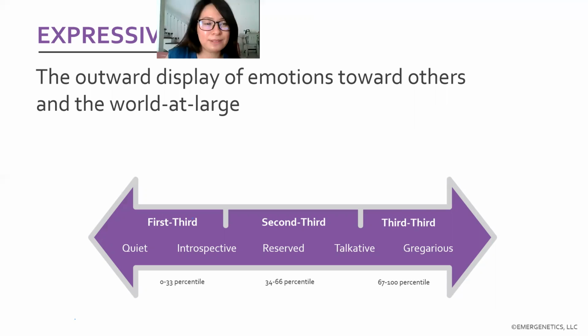Then how about the second third? The second third is standing in the middle. What he or she does is look into the environment or the people they mix with. If I go to a party and everyone around me is at the first third, very quiet, talking very softly, not much body language, then high chances I will jump into the first third.